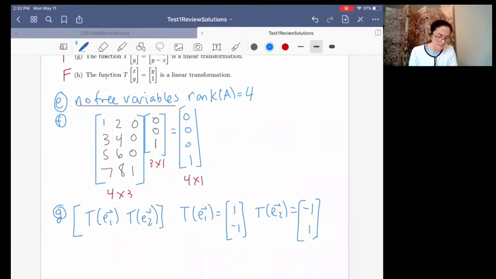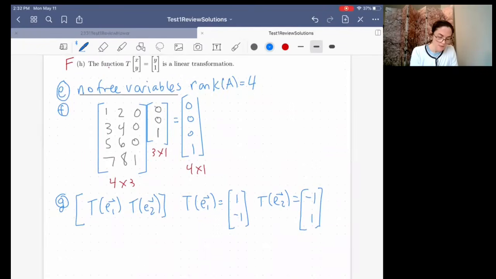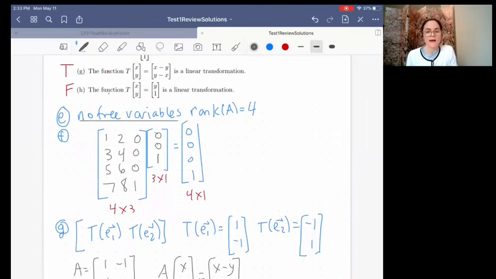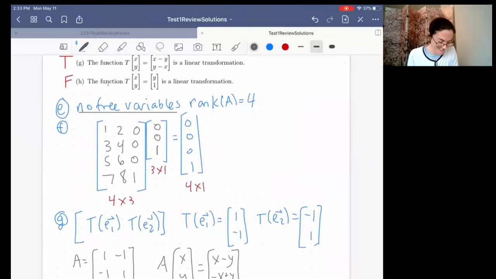And so this says the matrix of this transformation better be [1 -1; -1 1]. And you can just check A times (x, y) will be, oh, maybe I should leave a little bit of space here. Well, it's x minus y, and it's minus x plus y, which is exactly that operation, right?